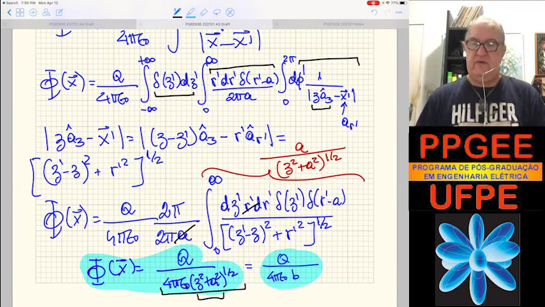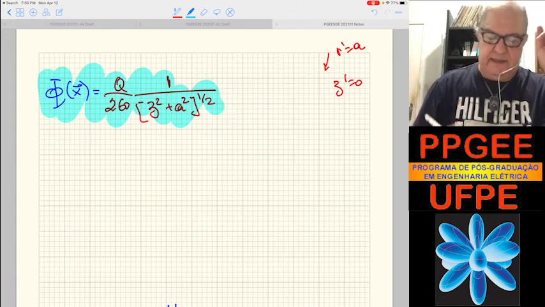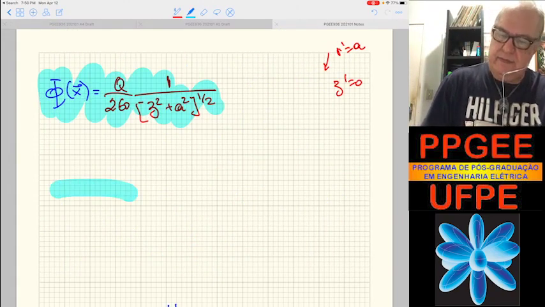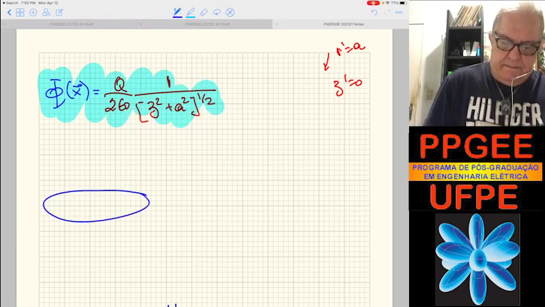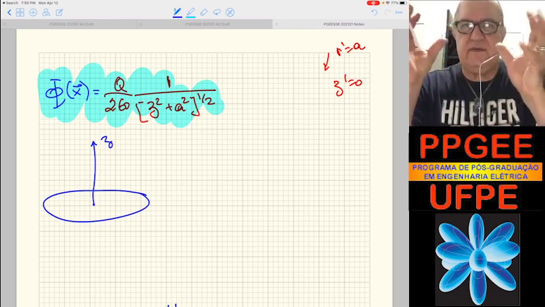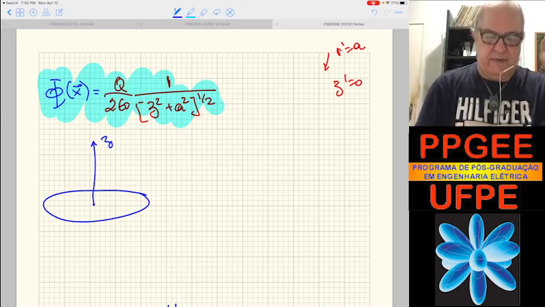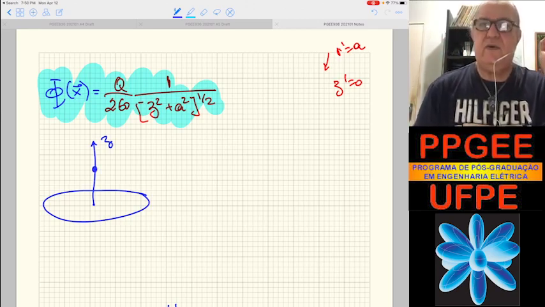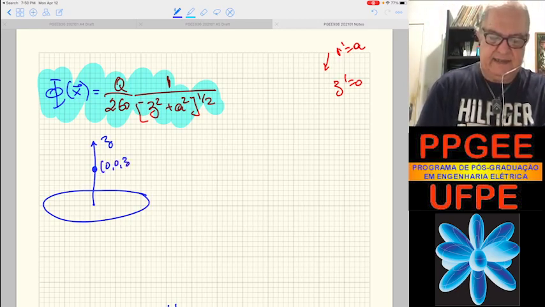You can calculate the field if you want, but notice that we only calculated the potential on the z-axis. We didn't calculate around it. We are going to have tools to calculate around it in a couple of lectures. But now we only calculated the potential on points of coordinates z, the z-axis.